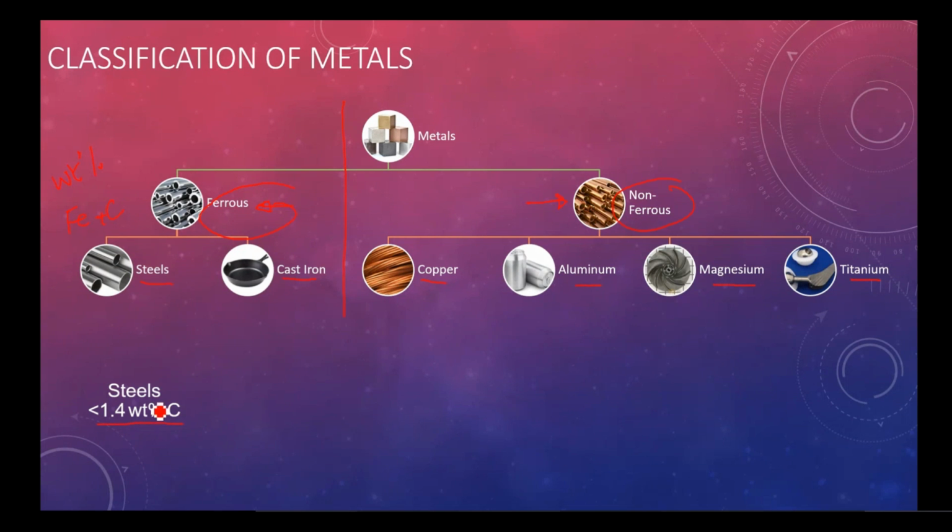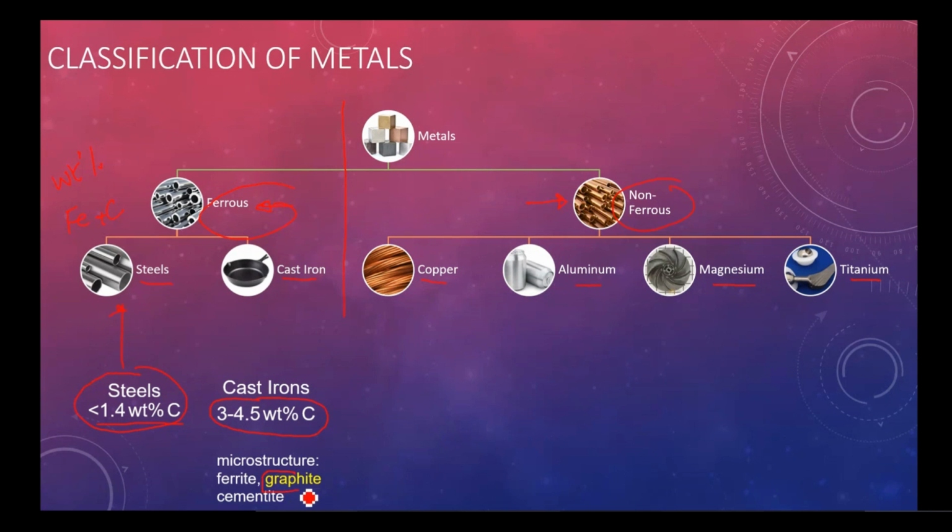That out of 100%, if iron is 98.6%, you can have a maximum of 1.4% of carbon, and you can still refer to it as steel. Materials that have carbon in the range of 3 to 4.5%, with the rest being iron itself, you would refer to as cast iron. This is the major classification. Don't worry about the microstructure at the moment. Cast irons are known for having graphite in them.